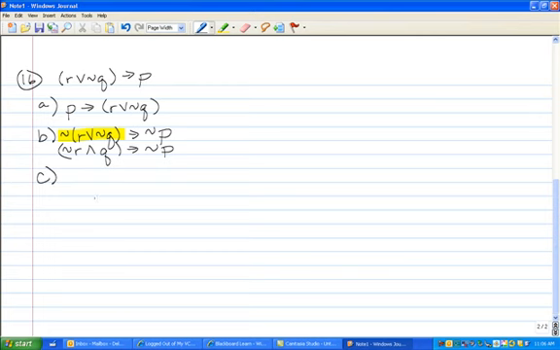So it would be if not P, then the negation of R or not Q. Okay, so if not P, then, and again, this is where we applied De Morgan's law, not R and Q. So that one was a little bit tricky.